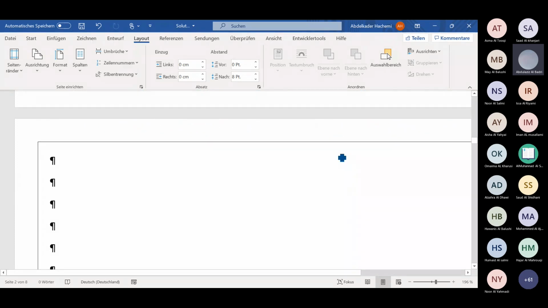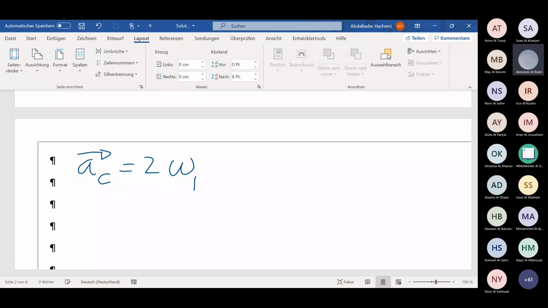By definition, A C is equal to 2 times the frame angular velocity cross the relative velocity.